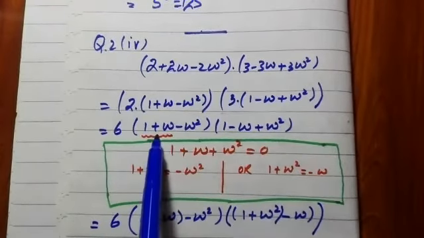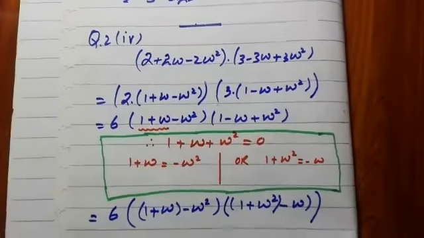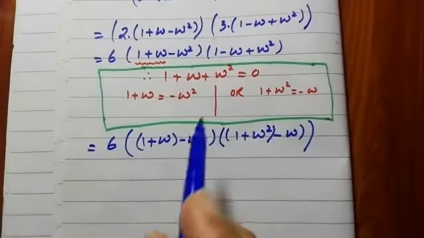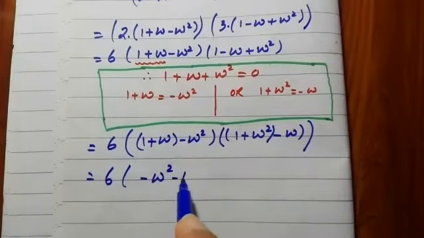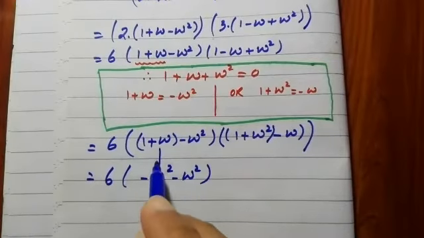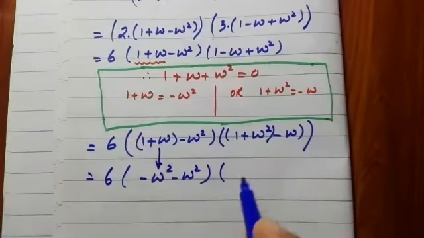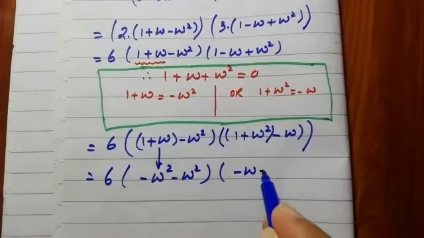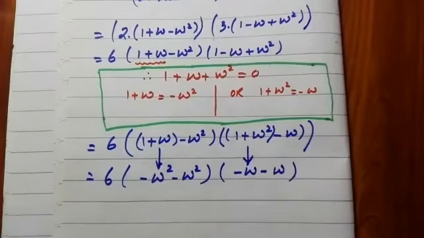In the first bracket I have written 1 plus omega, and I have already pre-calculated these values. Now substitute these values. 1 plus omega will be written as minus omega square, and for 1 plus omega square you will write minus omega, and this minus omega will be as it is. I am placing its value like this one. I have written the reference above.